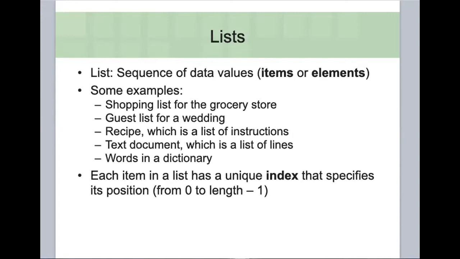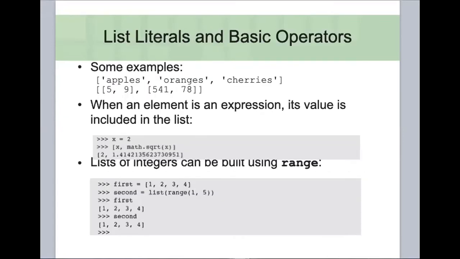methods. Now we can examine those in further detail here, where you actually have some examples of list literals. So in Python, a list is written as a sequence of data values separated by commas. The entire sequence is enclosed in square brackets.